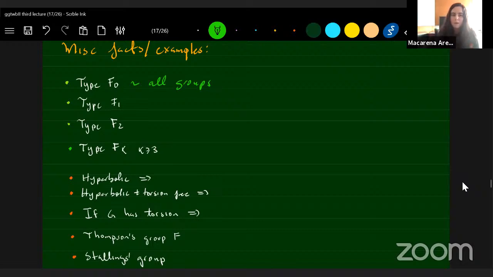A group is type F1 if it's finitely generated. It is type F2 if it's finitely presented. This is an if and only if. And for higher finiteness properties, we do not have such a transparent translation into algebraic properties for the group.